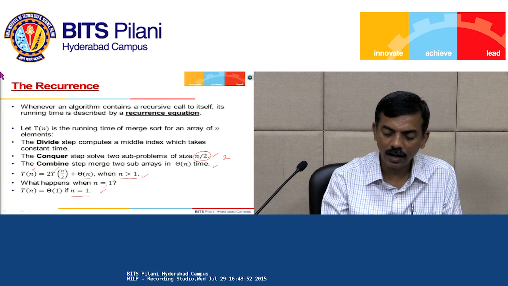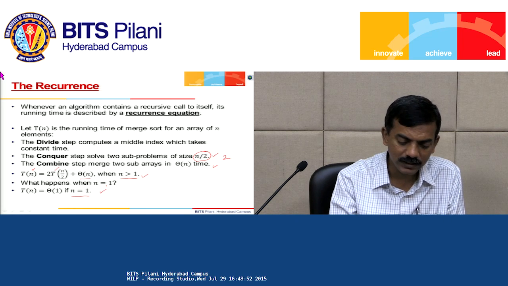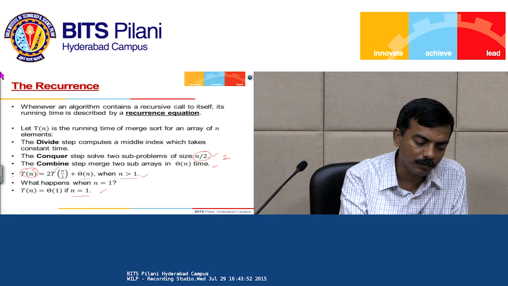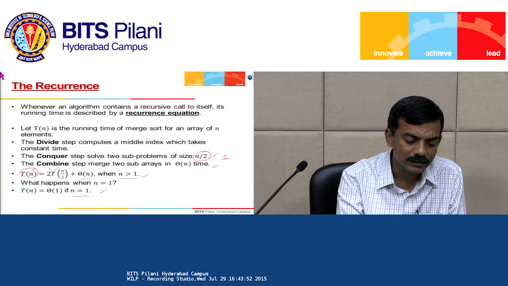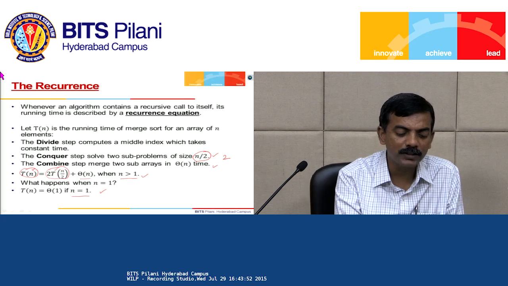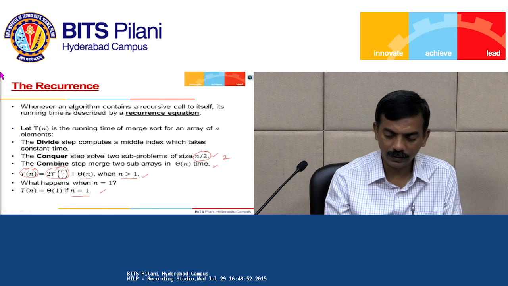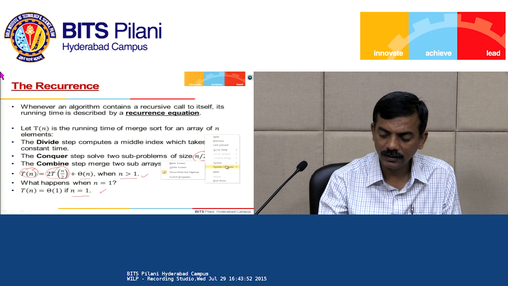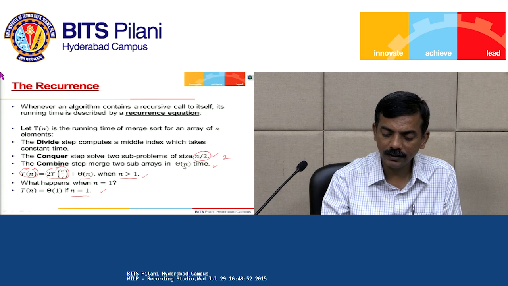Okay, so now if you notice what is happening in a recurrence relation, you are writing T(n), the problem of size n, as some combination of subproblems of smaller size n by 2. Okay, fine. So now let's see how we represent it very cleanly.